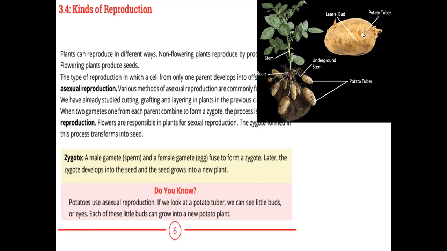And from these eyes, you see this looks like eyes, and from here the new bud can arise like this, and root and shoots can grow from there like that. You can see the stem is growing from here a very little one, and this one also.